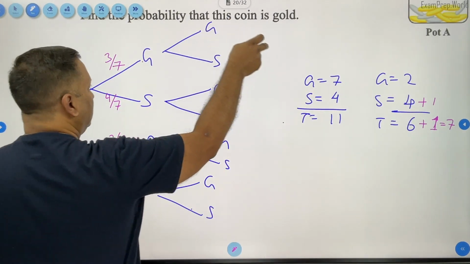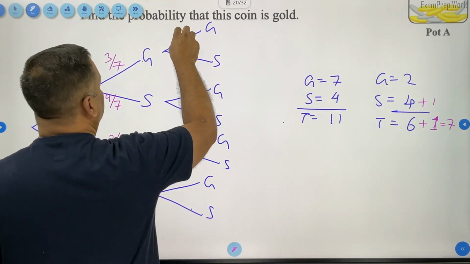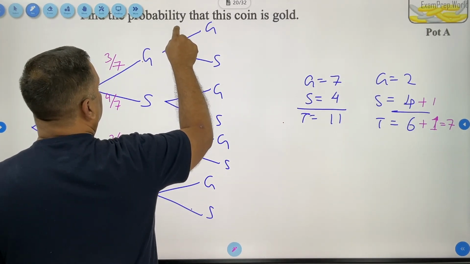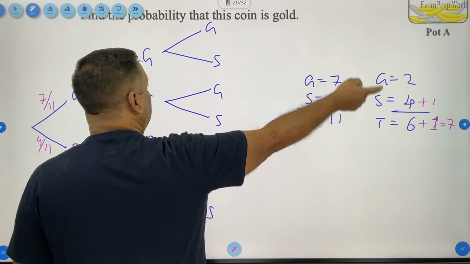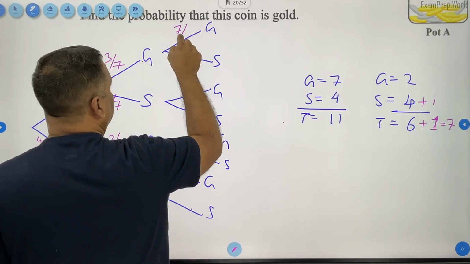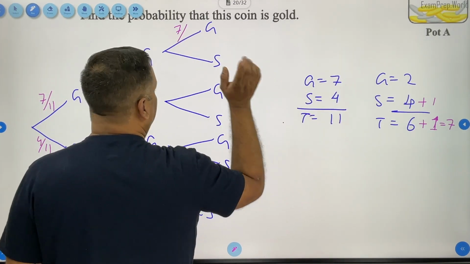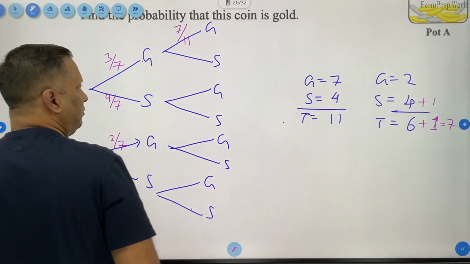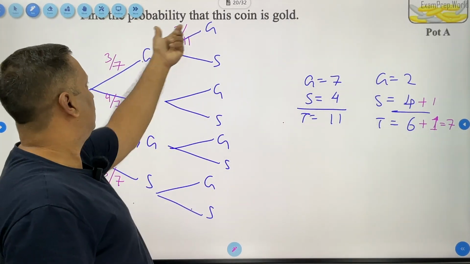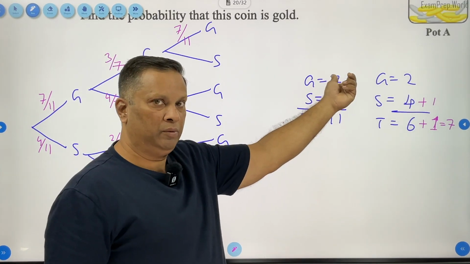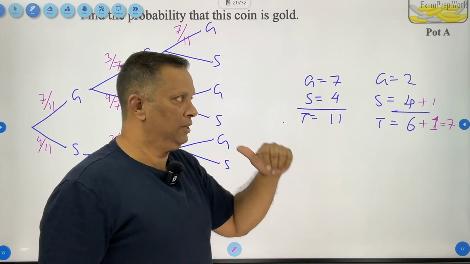So probability here will be, and if 6 and +1 coming, so it will become 7 on 11, because 1 less, so it is 7 on 11. Understood? The gold which went to here and it's coming back, so the gold coins is back from 6, it becomes 7, and total becomes 11.